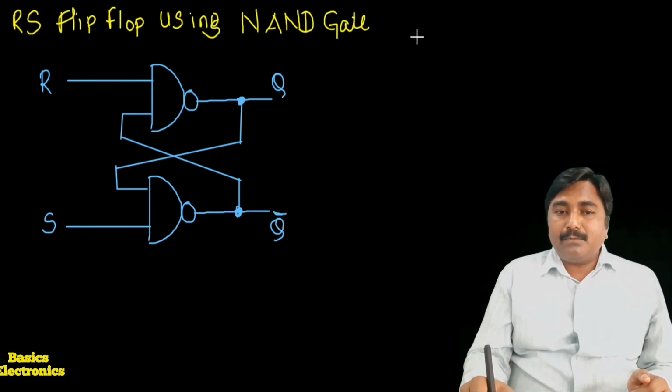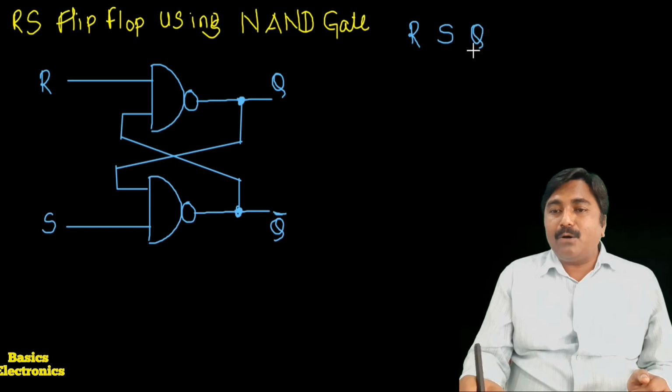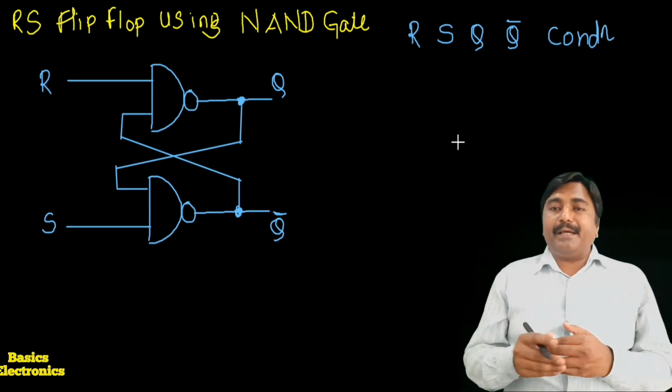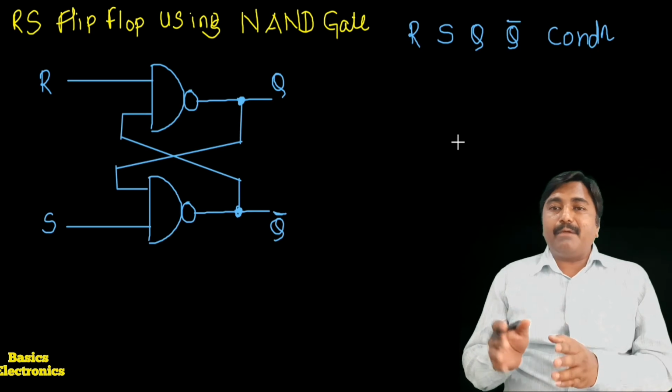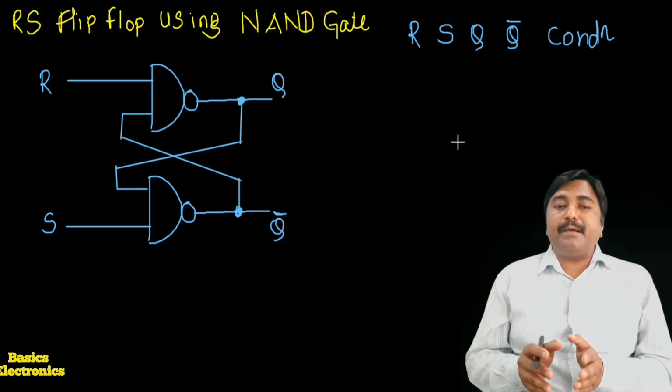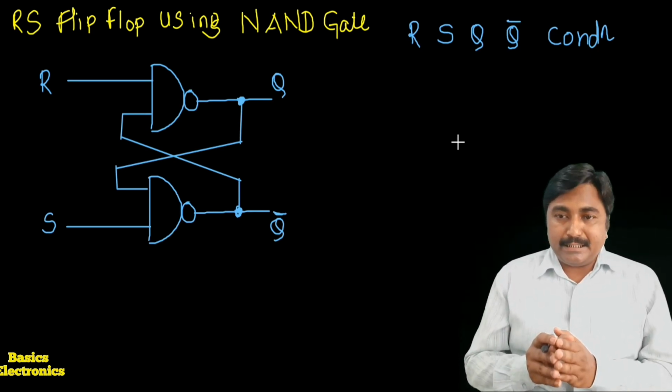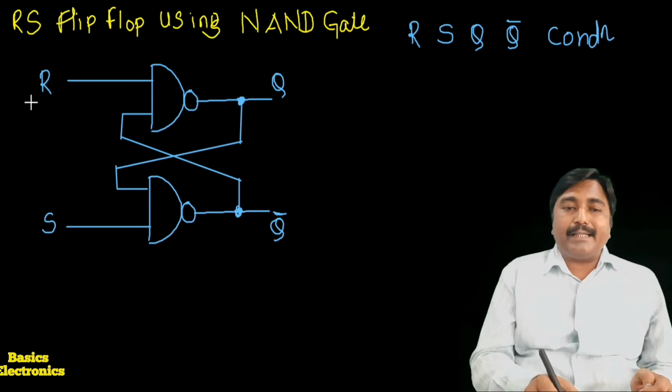The inputs are the R input and the S input. The two outputs are Q and Q bar. After that we write down the condition of the flip-flop. That condition may be the set condition, the reset condition, or the no change condition.